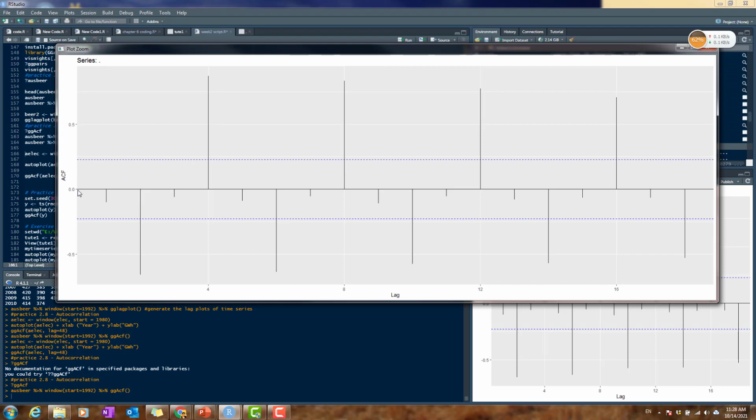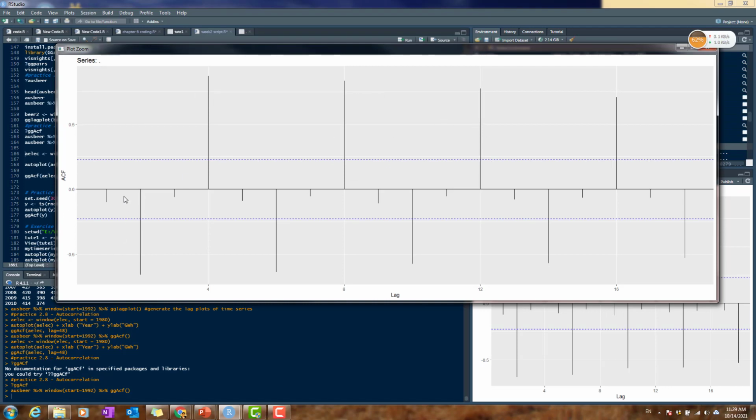For example, with the positive relationship, the current values of the Australia beer data have a positive and significant relationship at lags 4, 8, 12, and 16. That means there is already a seasonal pattern and autocorrelation pattern in the data at four-quarter intervals, yearly, they fluctuate the same way.